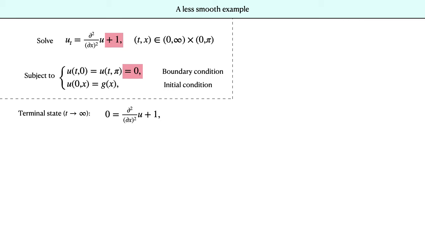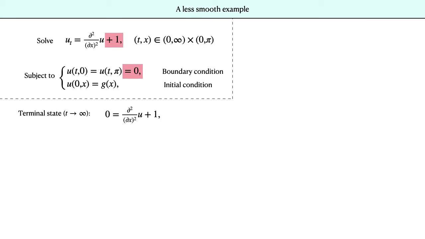To more clearly see what I'm talking about, we can calculate the terminal state. So we assume that the solution stops changing after a really long time, that it reaches a terminal state. So it stops changing with time, and we can set u_t to be equal to 0, and we get this equation.